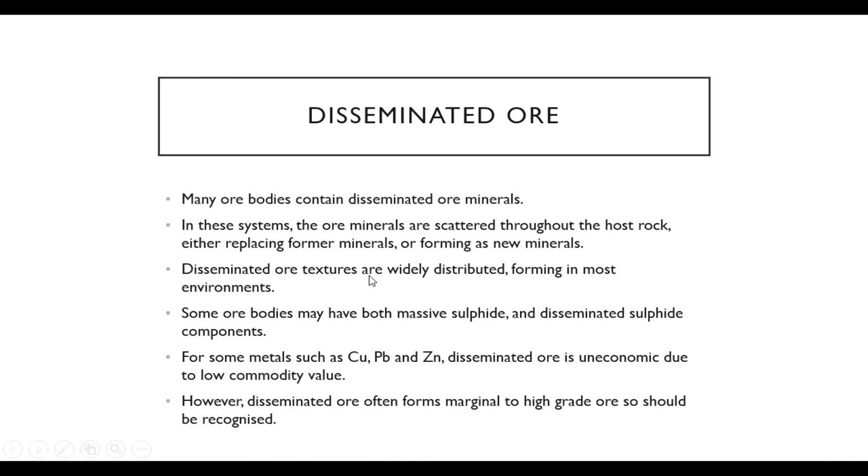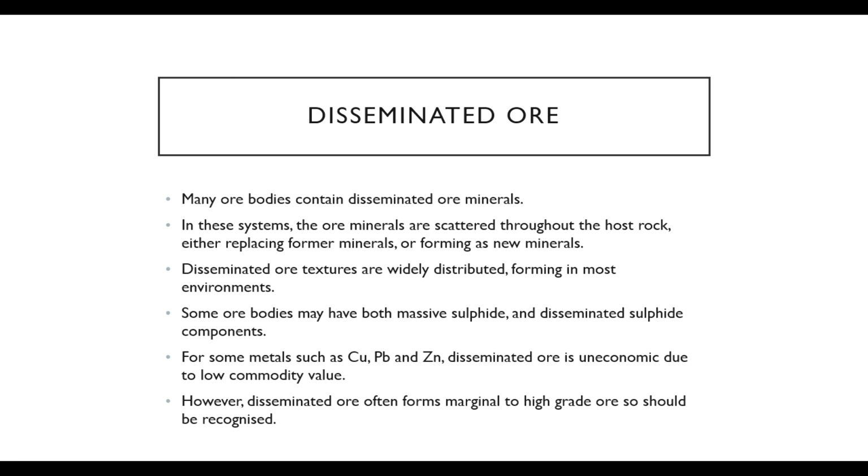These are quite common for most systems, and particularly for things like gold and copper in magmatic systems, they're commonly disseminated ore bodies. So we have to be careful though, because with things like lead and zinc, we commonly like them in massive sulfides to get the grade that we want.